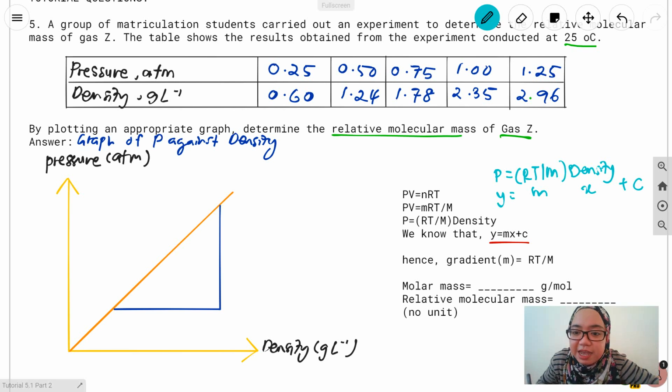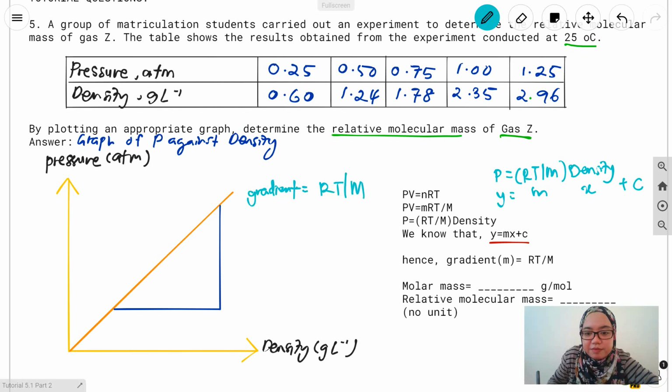So that means the gradient m is RT over M. So having said that, we will know that the gradient is equals to RT over M.